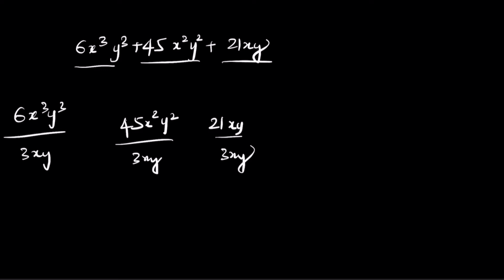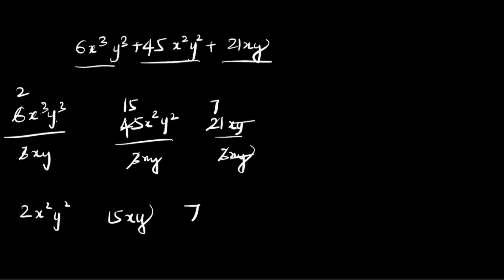Let me do it in a separate way. 6 divided by 3 gives 2, 45 divided by 3 gives 15, and 21 divided by 3 gives 7. Next, x cube by x becomes x square, y cube by y becomes y square, so you get 2x square y square. Then x square by x becomes x, and y square by y becomes y, so you write 15xy. And in the last one, xy is gone, so you get 7.